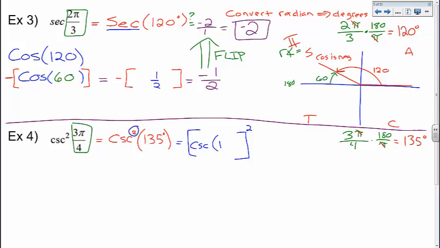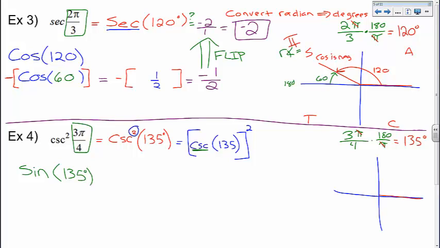So we're going to look for the value of cosecant of 135 and then square it. Simple enough. Now, I have cosecant, which means I don't know how to find the values of cosecant, but I do know how to find the values of its reciprocal function, sine. So I rewrite this problem as the sine of 135.